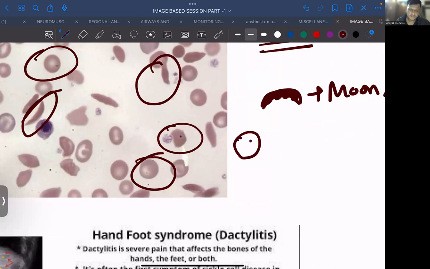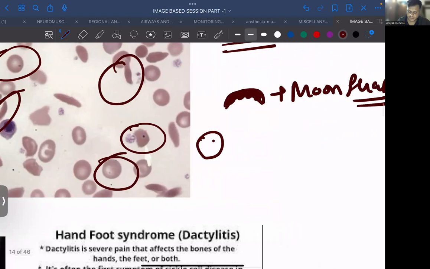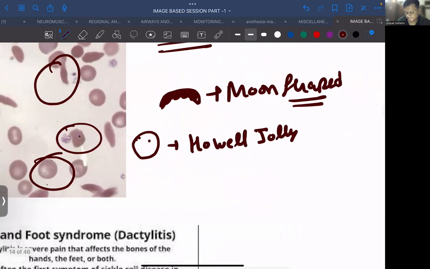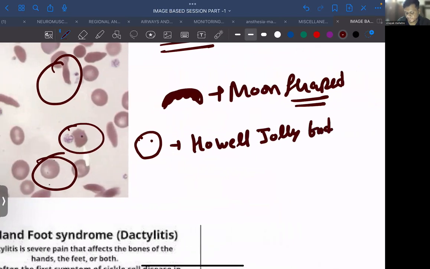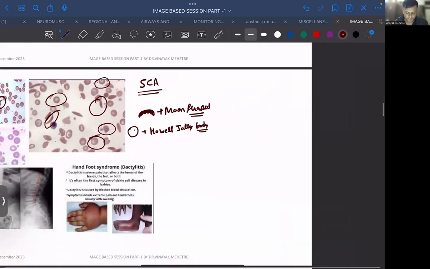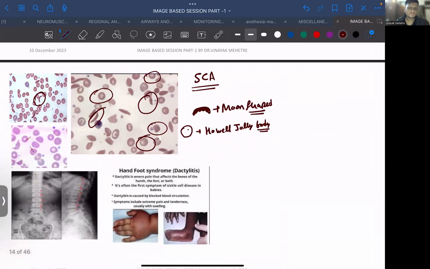Cell with a dot. Cell with a dot. Yes, correct. It is called as Howell-Jolly body. Moon shape with Howell-Jolly body is seen. Right?